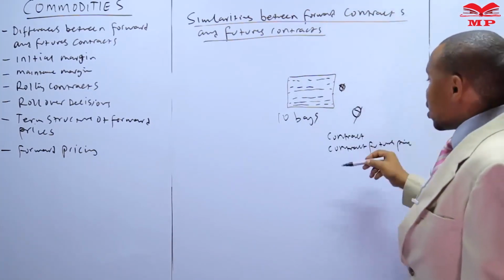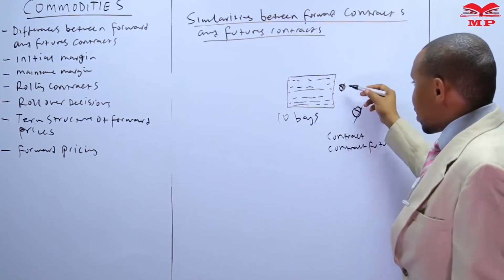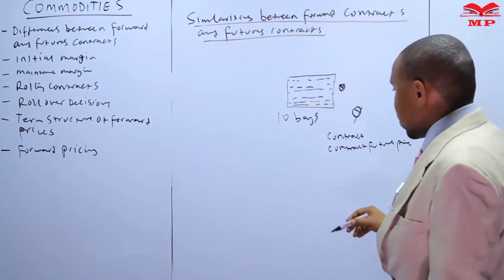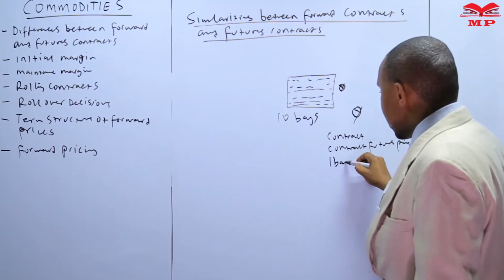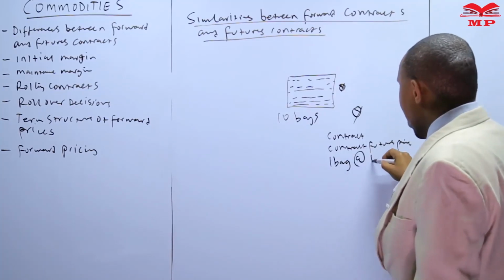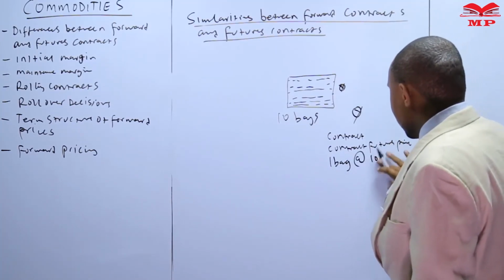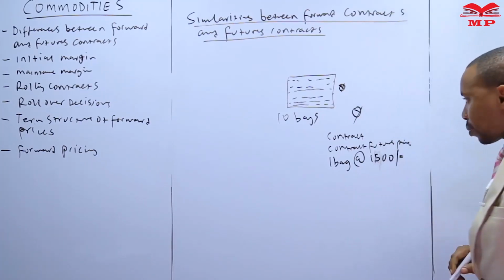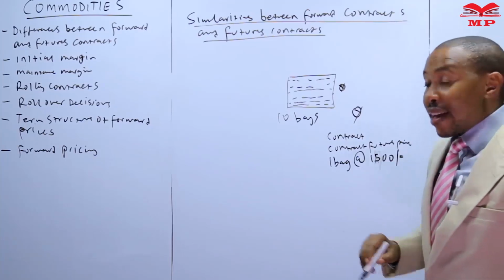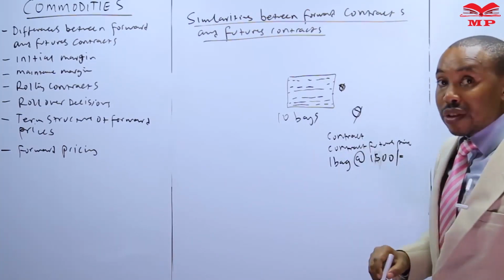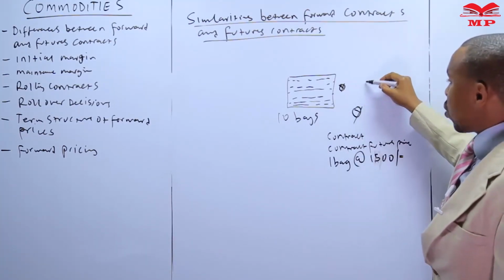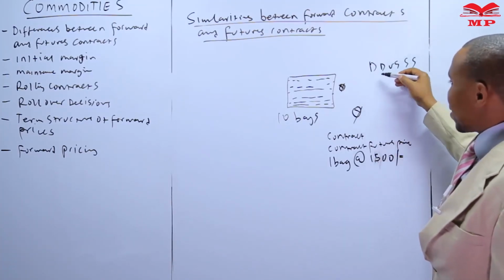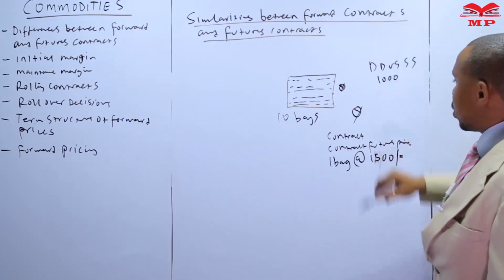Now, X and Y enter into a contract that X will sell to Y in future, upon maturity of the maize, 1 bag at, say, 1,500 shillings. Supposing that the day X and Y enter into the contract, the forces of demand and supply state that it's maybe 1,000 shillings.